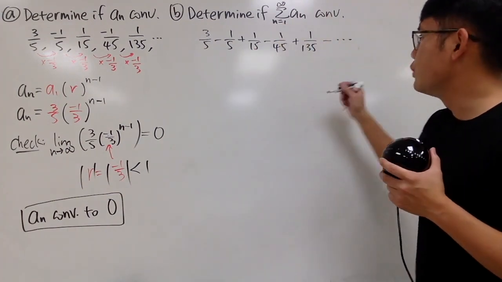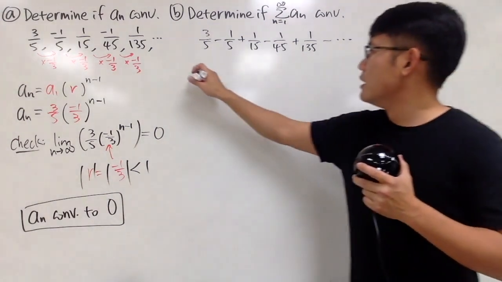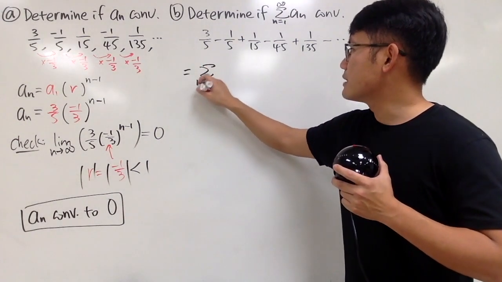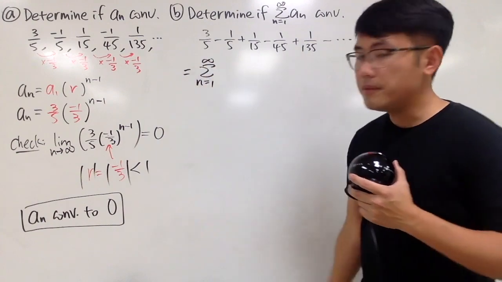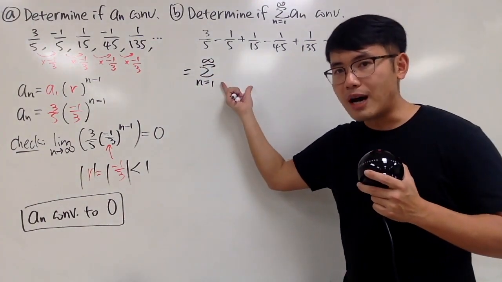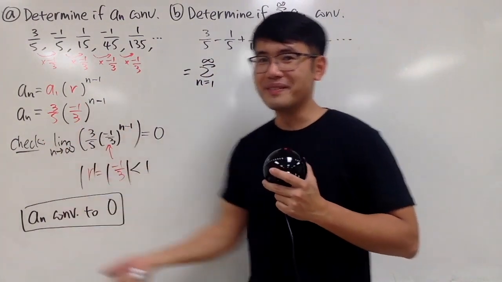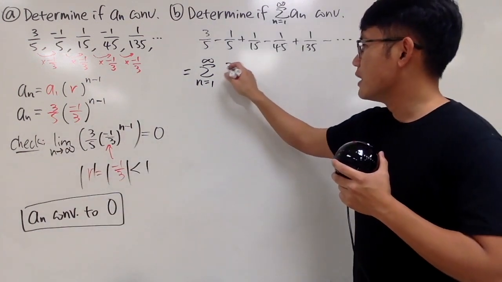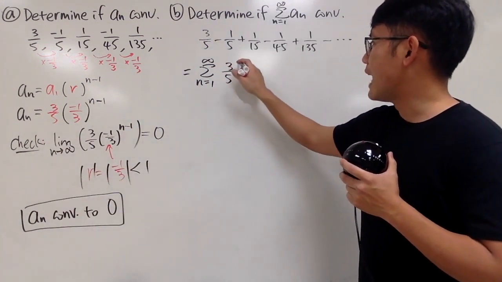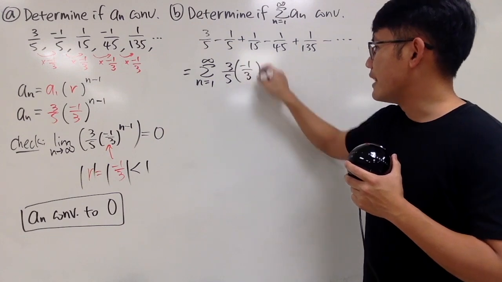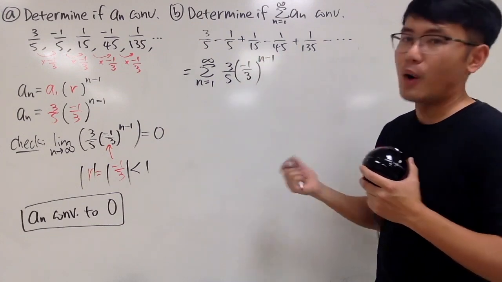And of course, if you would like, you can write this down in summation form. This is the sum as n goes from 1 to infinity, and you put on the a_n formula, namely 3/5 times -1/3, raised to the n-1 power.